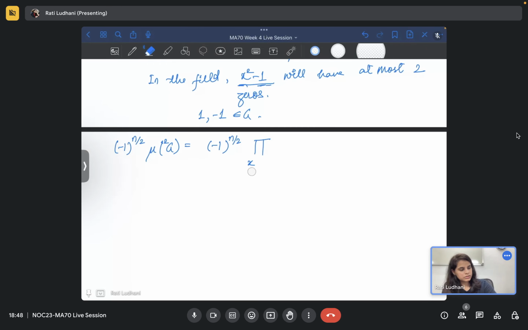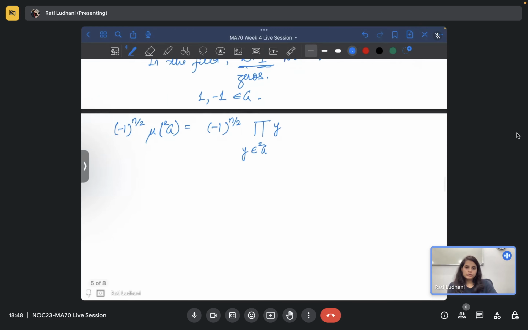So just be cautious here. Let me write like this. So y belongs to 2G. Why I'm writing like this, don't think that this is the same as x square where x belongs to G. This product and this one, these are different.